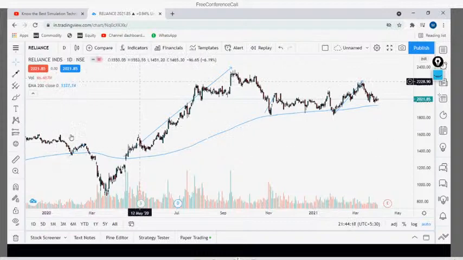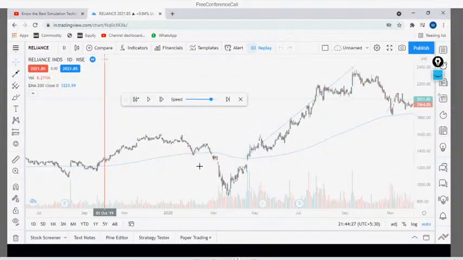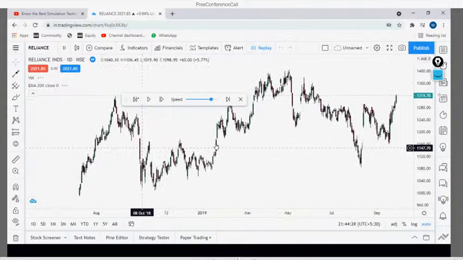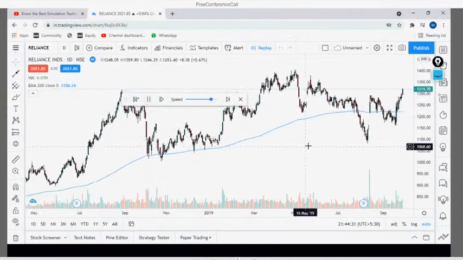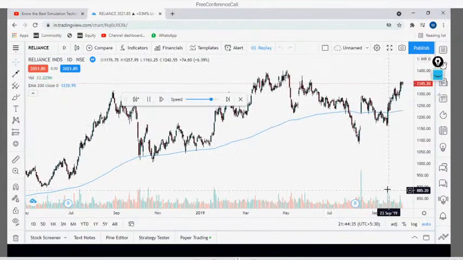So you can check like this: put an indicator, add this bar replay, and check what the price is doing when it comes near that indicator, whether it is taking support and going upside or coming downside.